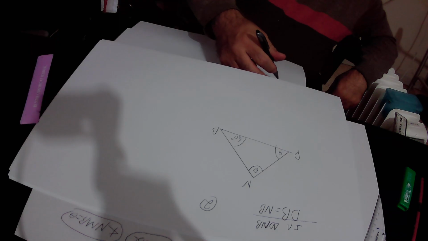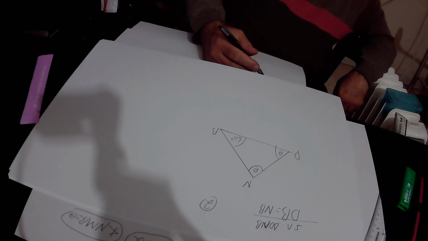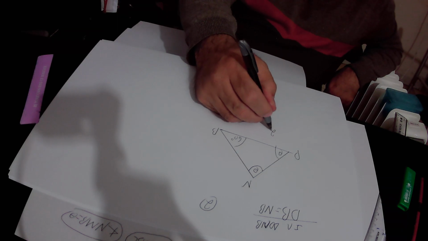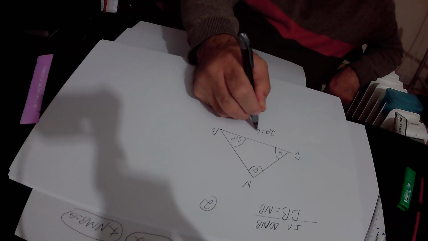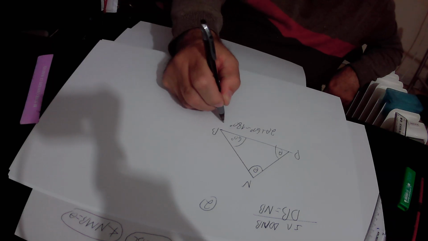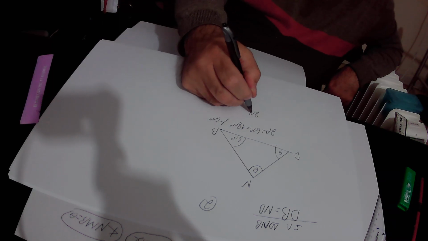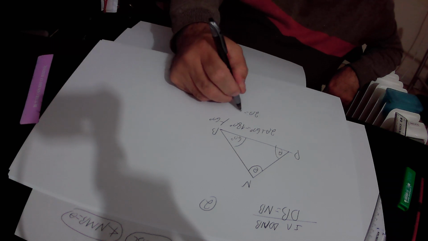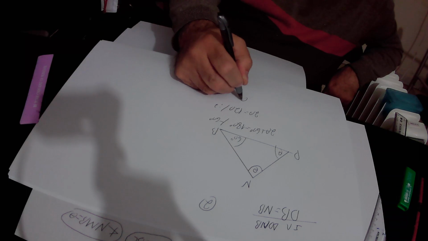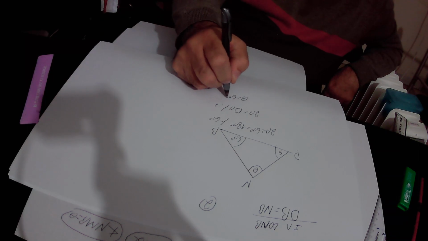According to the rule that the sum of the angles in any triangle is equal to 180 degrees, we get that theta plus theta is 2 theta, plus 60 degrees equals 180 degrees. We subtract 60 degrees, and we get that 2 theta equals 180 minus 60 is 120. We divide this equation by 2, and finally we get that theta equals 60 degrees.